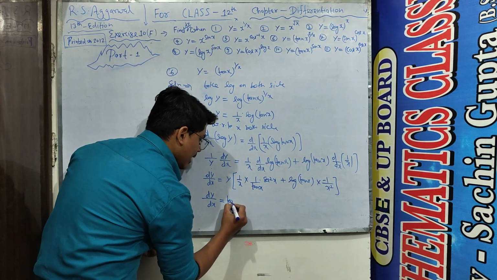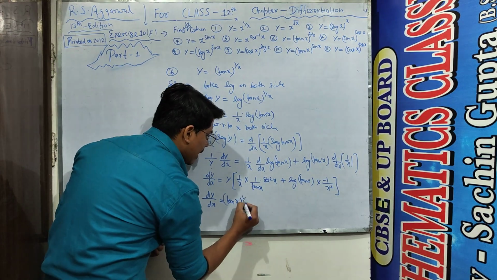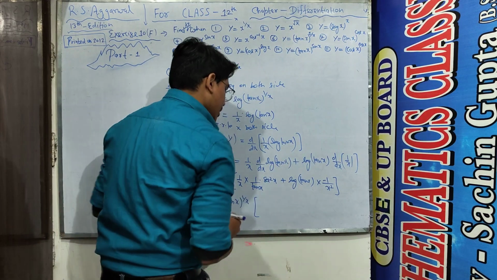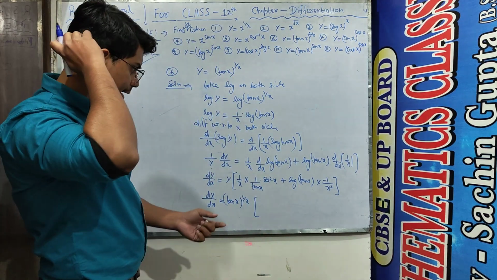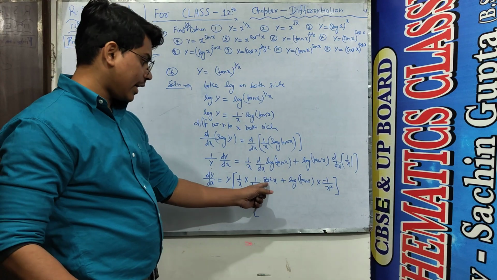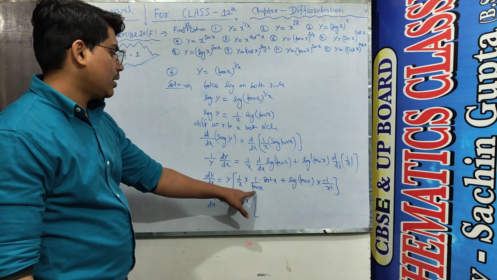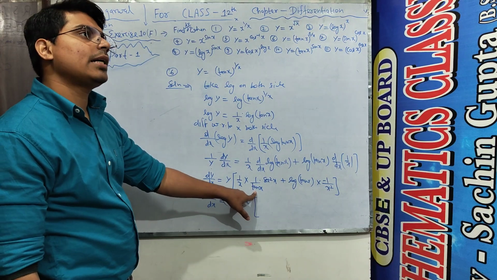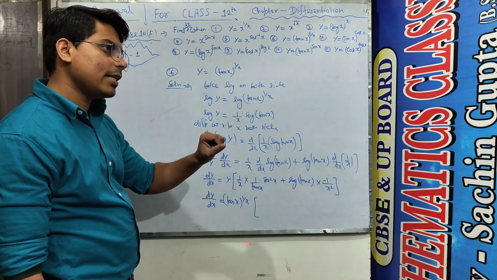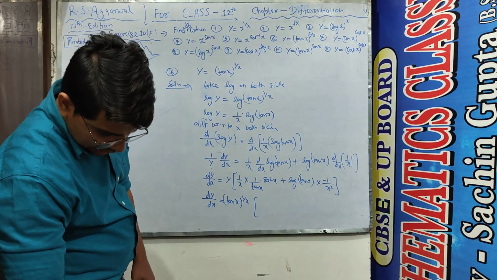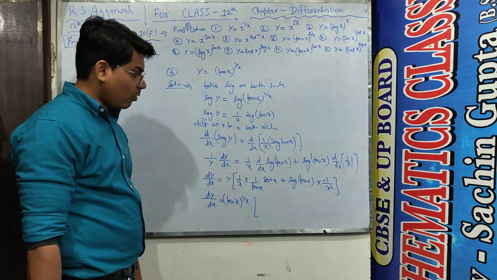Then it is tan x whole to the power 1 by x, and this function comes as well. You can write sec square as 1 upon cos square, and tan can be written as sine by cos, which get cancelled. Then it becomes 1 upon sine x into cos x.